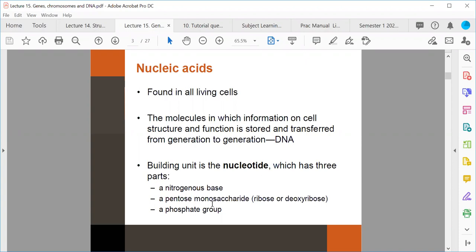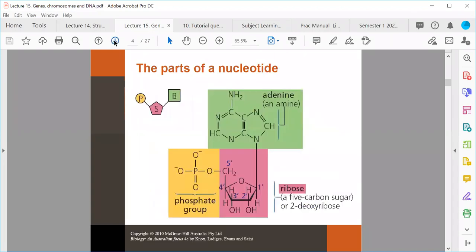It has a monosaccharide, which is either ribose or deoxyribose, depending on whether that sugar is found in DNA or RNA, and it has a single phosphate group. So let's recap. You've seen this slide before. So here we have the general structure of a nucleotide: nitrogenous base, a sugar, and a phosphate. And here it is in more detail.